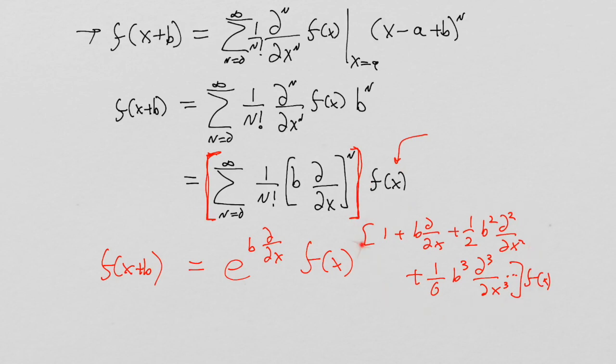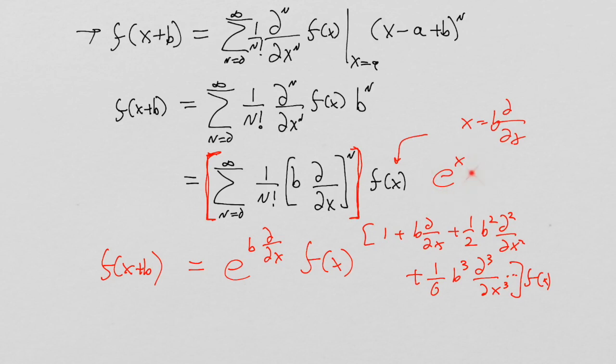And this literally is the Taylor series for e to the x if we replace x with b times this little operator, right? So I guess you could argue that this is purely a notational thing because this sum is what's operating, but that sum is equal to the Taylor series of this exponential.